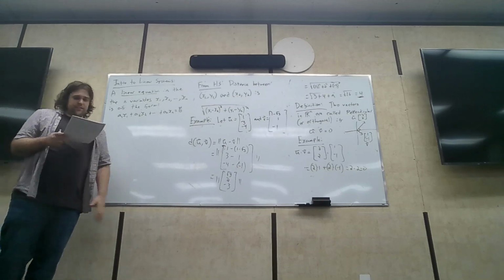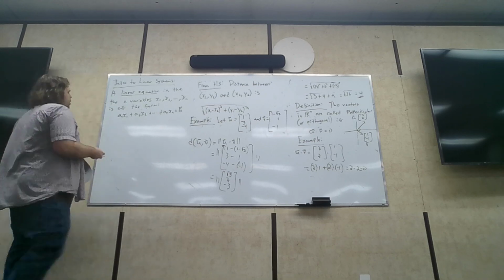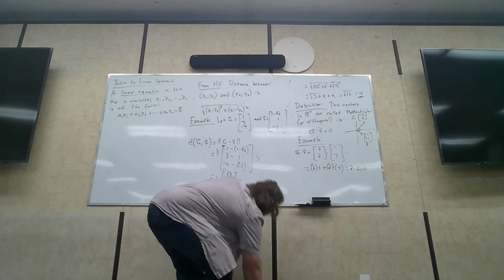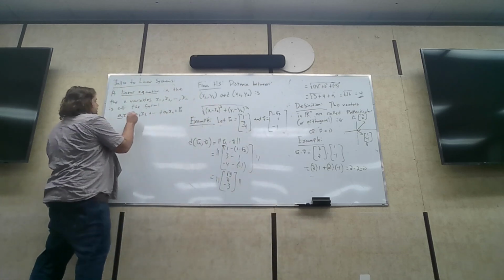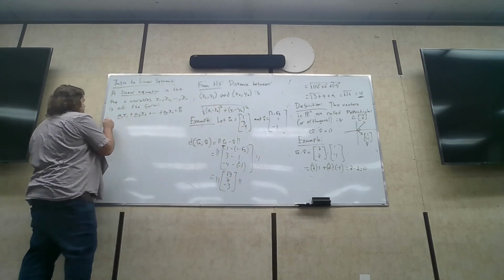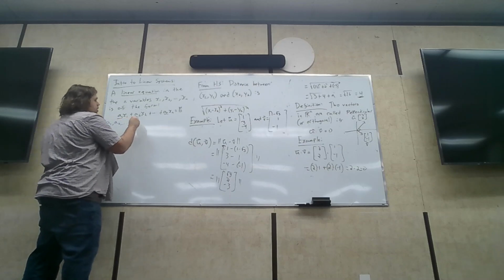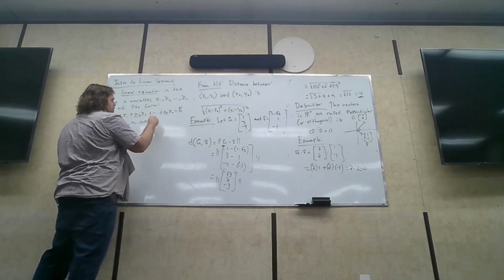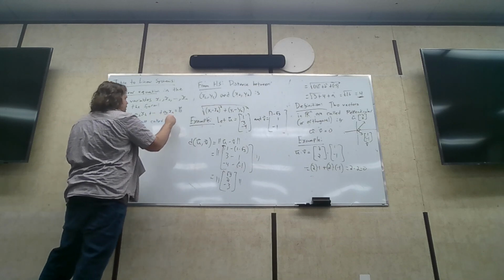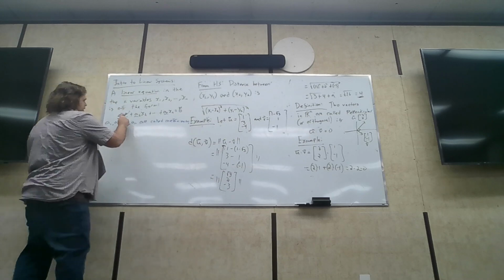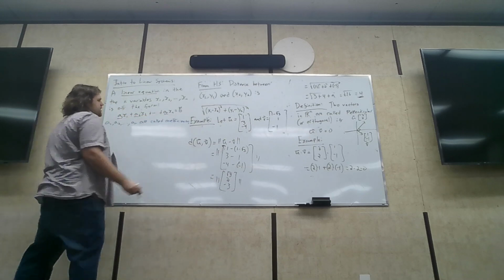That's what linear means. So these numbers here, the A's that go in front here, are called coefficients. These are obviously called the variables, and this is called the constant term.